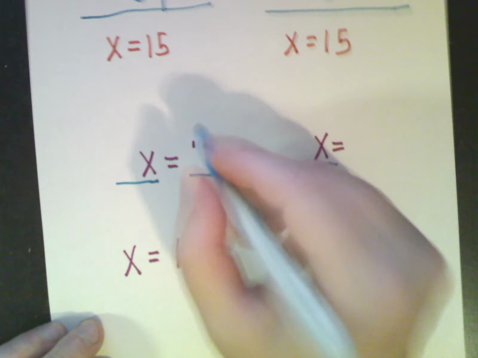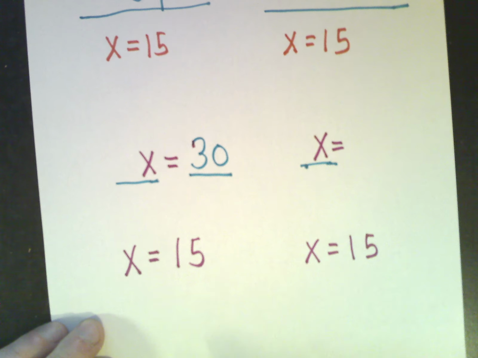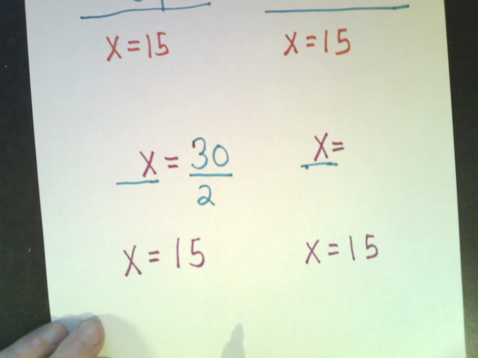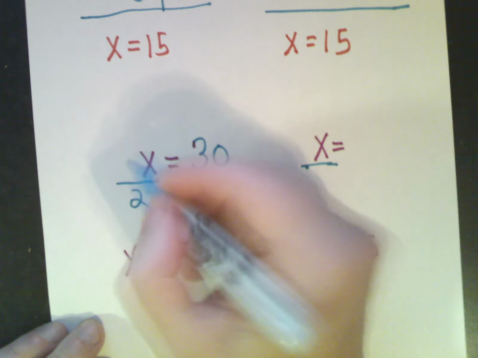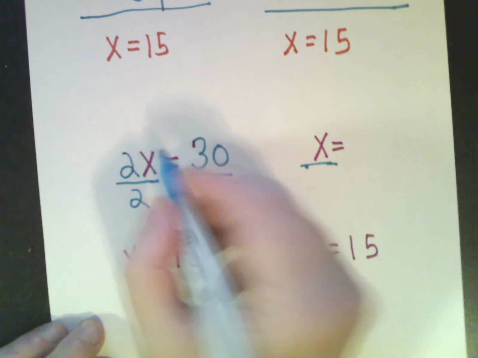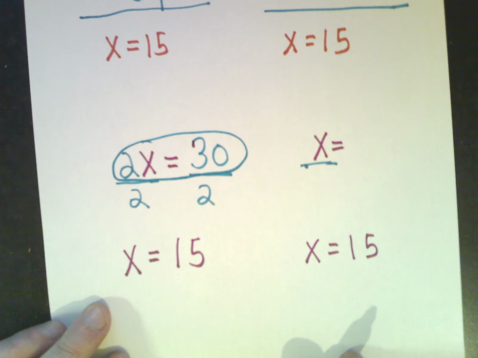Well, I could say if I took the number 30 and I divided it by 2, 30 divided by 2 is 15. 45 divided by 3. 60 divided by 4. Look at all the possible multiples of 15. Okay? So I would also have to divide by 2 over here. And what that would do would be, you have to do it to get rid of another 2. So my original equation would be 2x equals 30, a one-step multiplication problem.